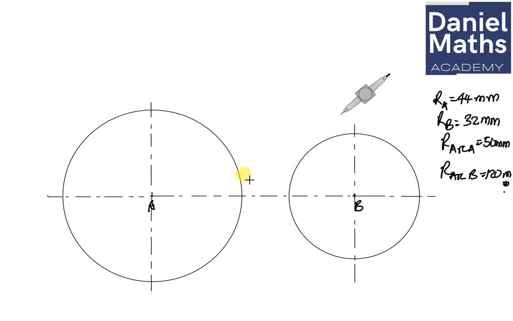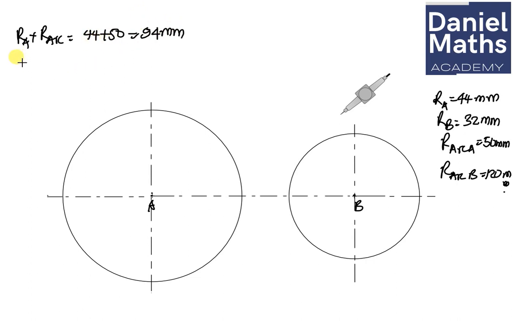Now for us to draw the first arc, the external arc joining point A and B, we're going to add the radius of A to the radius of the arc. So radius of circle A plus that of the arc: 44 plus 50 gives us 94 millimeter.